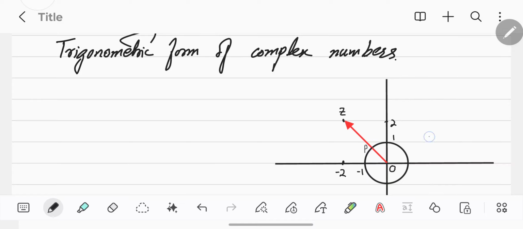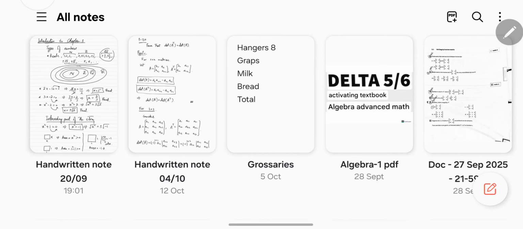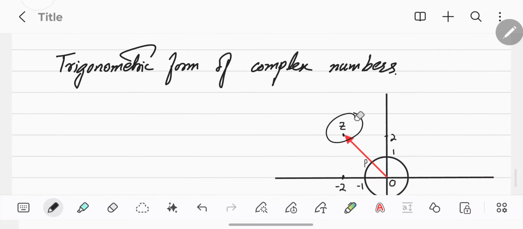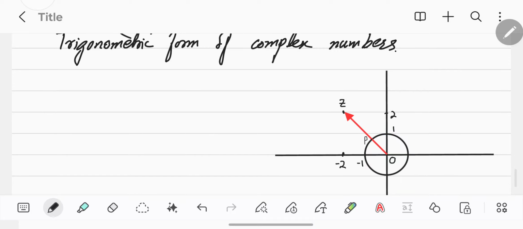If your z is, for example, here, then you can also draw a position vector. So every point in a complex plane has some position vector. Suppose this is the point and you have drawn a position vector which is OZ.